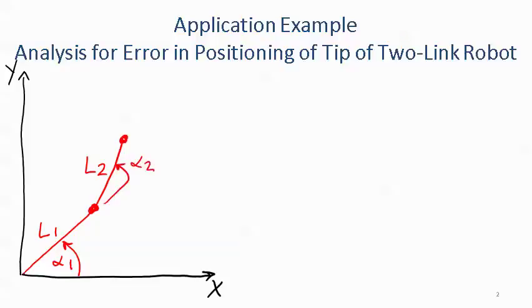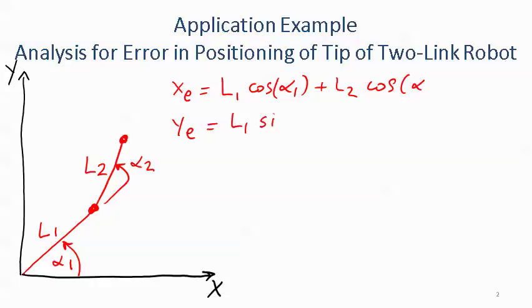And we've seen the expressions that XE is equal to L1 cosine alpha 1 plus L2 cosine alpha 2, and YE equals L1 sine alpha 1 plus L2 sine alpha 2.